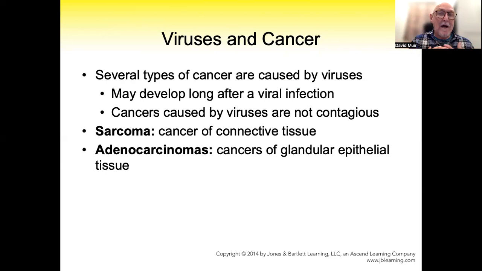The cancers arise because of alterations to the host genome, because of the viral infection. So there are numerous types of cancers, but two groups that are particularly implicated in viral infection are sarcomas, which are cancers of connective tissues, and adenocarcinomas, which are cancers of epithelial tissue, largely of the glands.